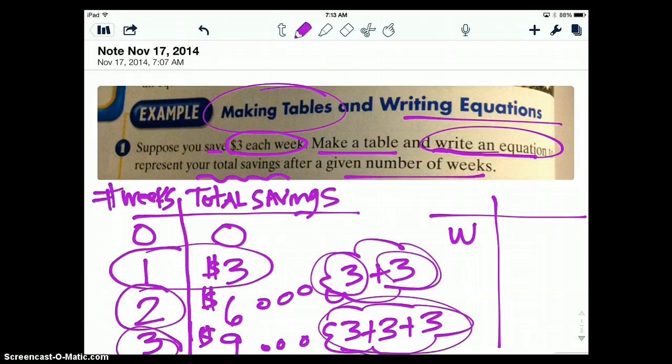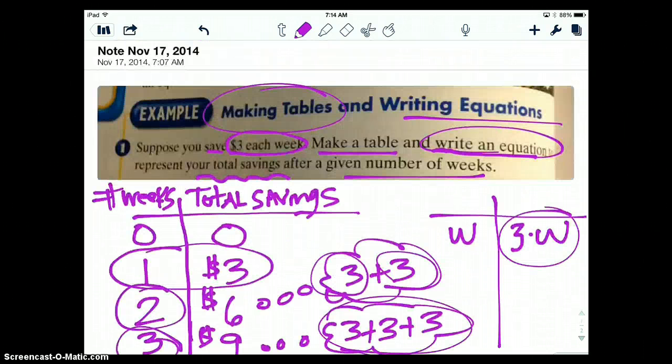So at the end of W weeks, I can see the pattern. I'm not just going to have W dollars, I'm going to have 3 times W dollars. So there is my equation, 3W, that algebraic expression, if I equal it to something.